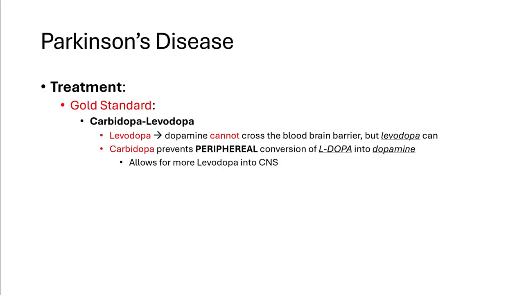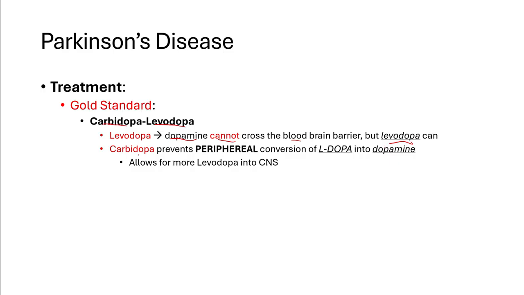There is a gold standard medication, and that is known as carbidopa-levodopa, and they work side by side to help increase the amount of dopamine in the central nervous system. Classically, dopamine cannot cross the blood-brain barrier, but levodopa can. Thus, levodopa can cross the blood-brain barrier, then become dopamine, and help to improve movement.